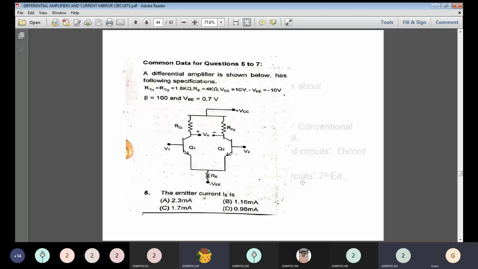They asked you to calculate the emitter current IE.